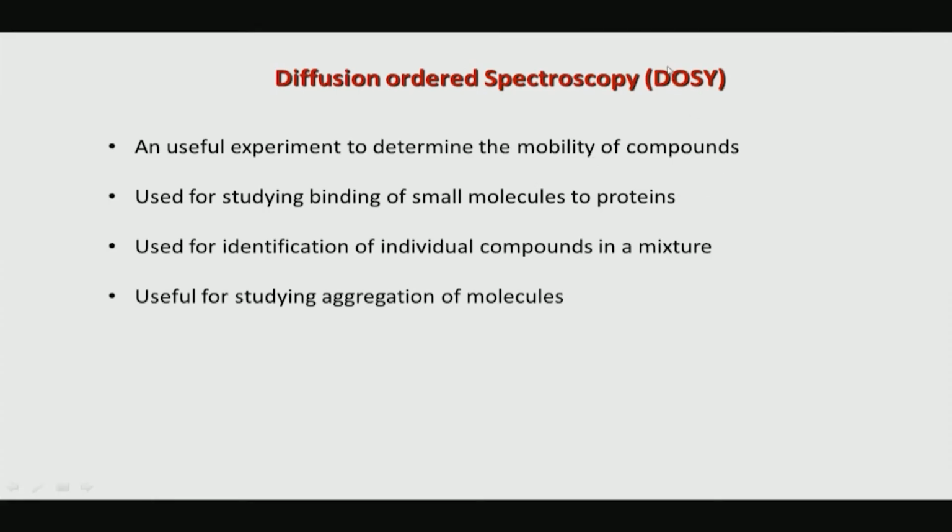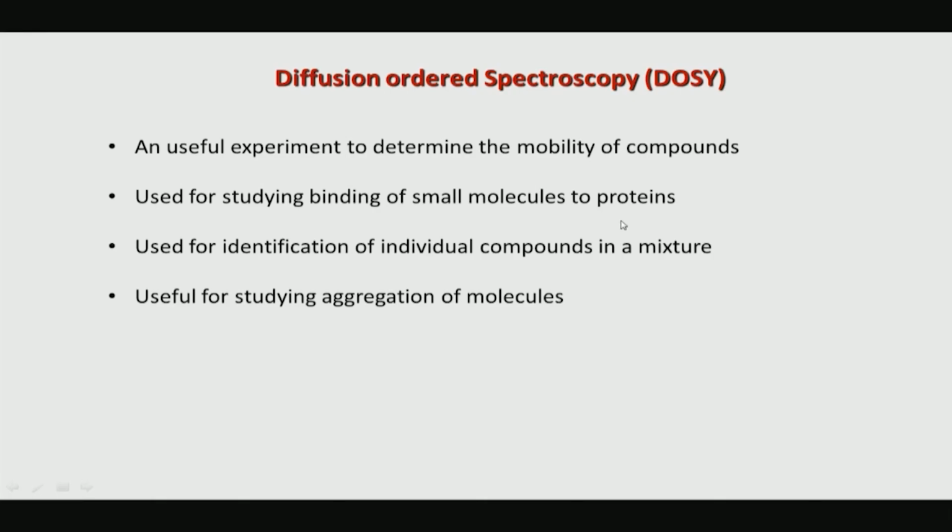All these experiments under the word DOSY are based on the translational diffusion of compounds, and this method is also useful for studying binding of small molecules to proteins, because small molecules diffuse very fast in the sample, but when they bind to the protein, their diffusion is reduced, because proteins are big molecules.